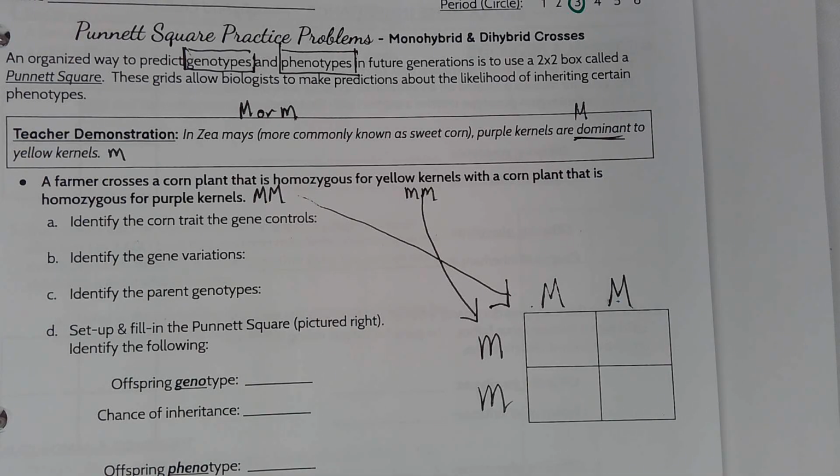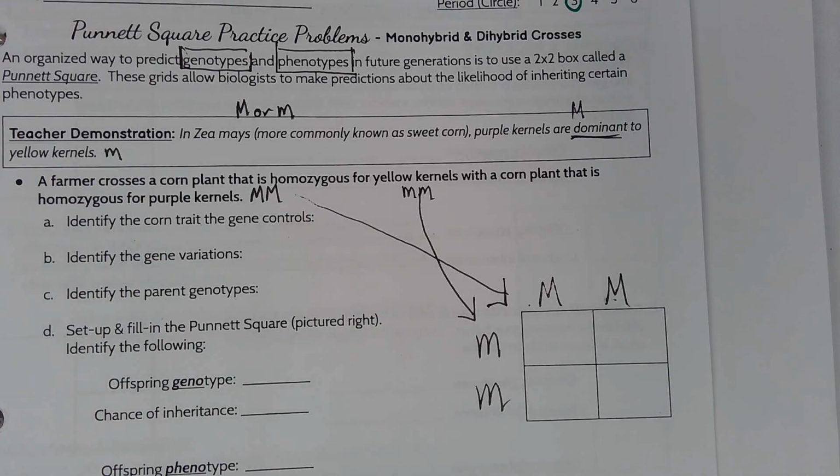What is purple kernel? And then what about the little m? The yellow kernels. The yellow kernels are what? Yeah, they're homozygous recessive.